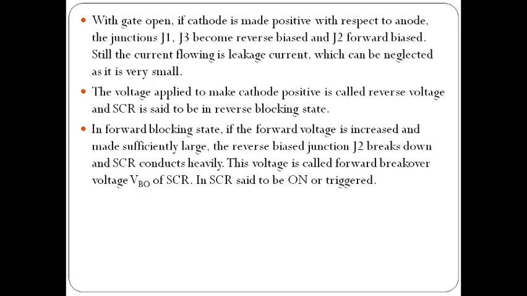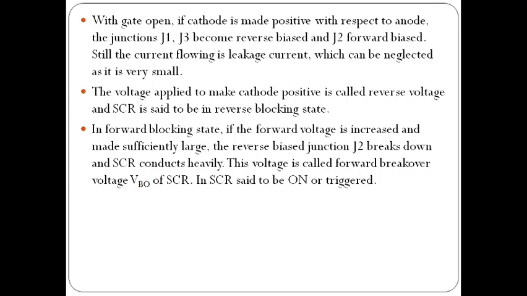When J1 and J3 are reverse biased, both have depletion regions. At junction J1, the depletion region inside the N-type material has positive potential, and similarly at junction J3, the depletion region inside the P-type material has positive potential.